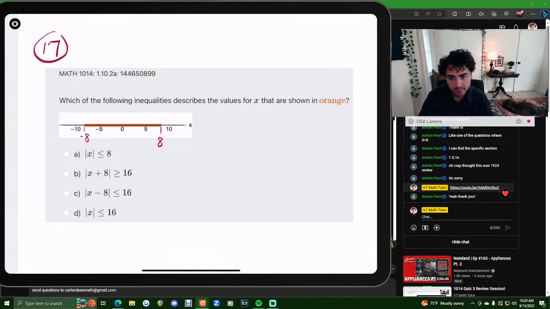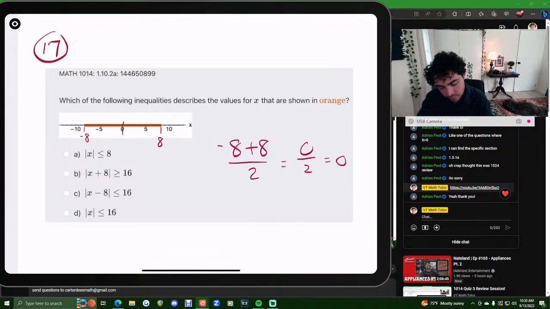If the numbers were a little more wacky or off-centered, what you can always do to find the center of the interval is add the 2 endpoints together and divide by 2. So in this case, we have 0 divided by 2, and that's why we still get the center of the interval as 0.